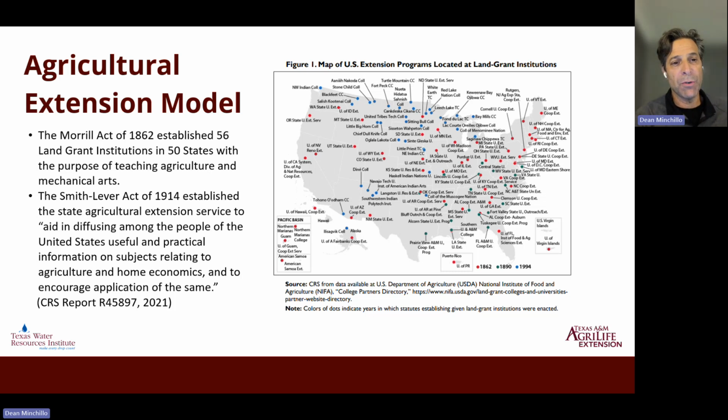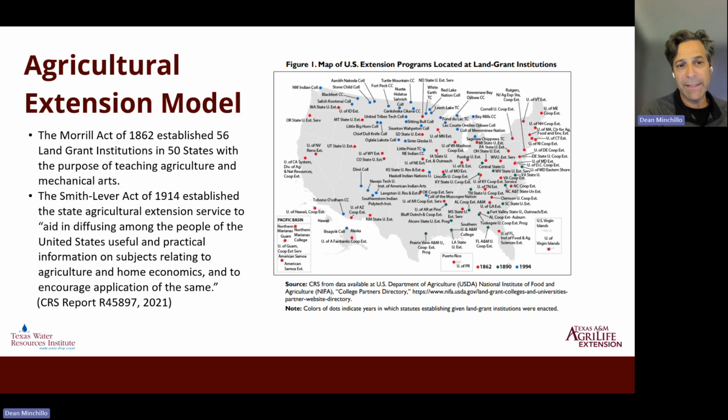So for those of you who don't know the agricultural extension model, this is a model that is actually in all 50 states in the United States, and they are housed under land grant universities, or you might see that termed as LGI.